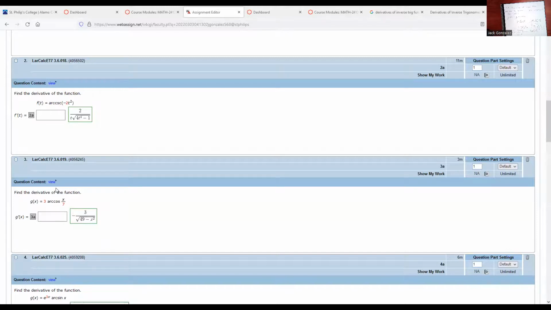That three is whatever. I'm gonna give you the formula over here. The derivative of arc cosine is equal to the derivative of x over negative the square root of 1 minus x squared, where x is the argument of the inverse function.